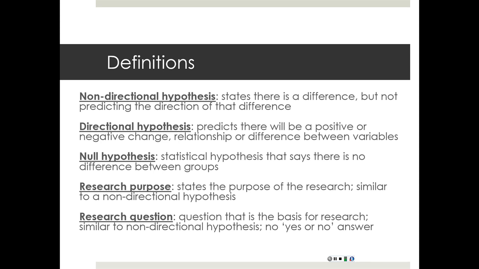Finally, rather than a hypothesis, research may either have a purpose statement or a question. The research purpose statement will state the purpose of the research. It is similar to a non-directional hypothesis. The research question basis for research is similar to a non-directional hypothesis, and you just need to make sure that it is not a question that can be answered with a yes or no answer.